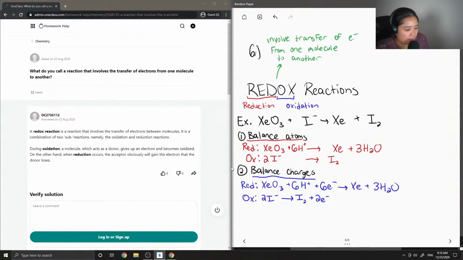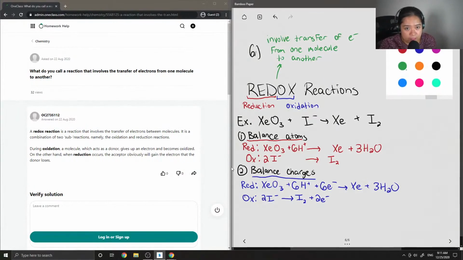Okay, so now that we have the charges all balanced, we want to make sure we have the same number of electrons on both sides. So this is due to the law of conservation of mass. So we want our oxidation reaction to also have 6 electrons.